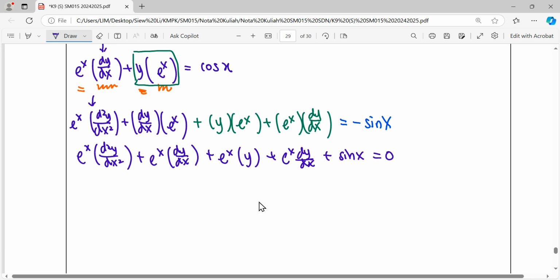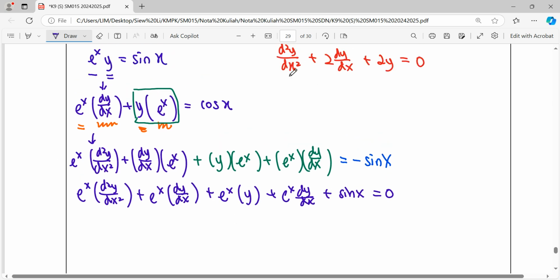And then we can see the coefficient here is without e^x, so we are going to divide by e^x.